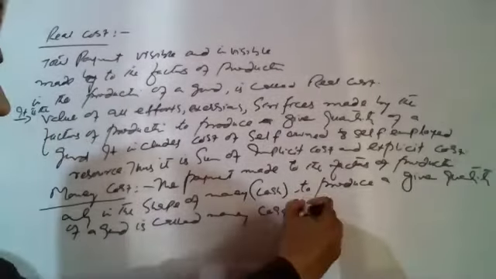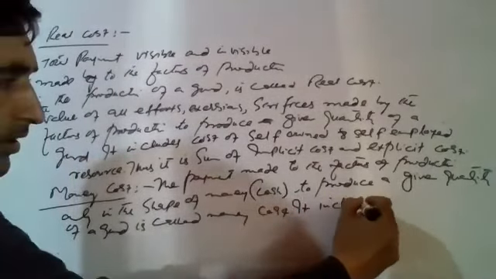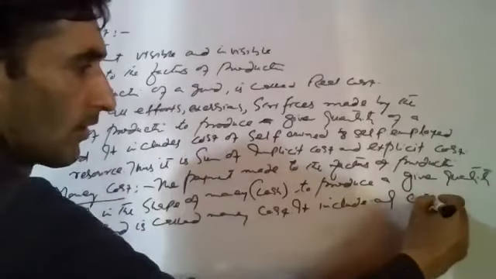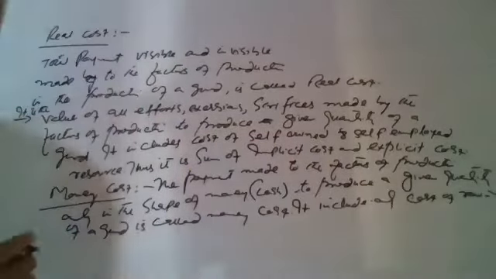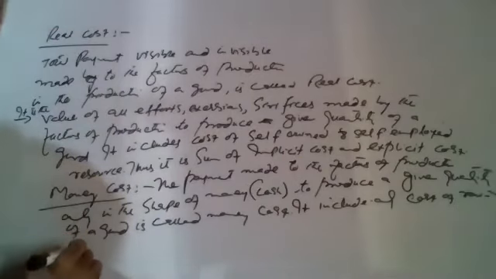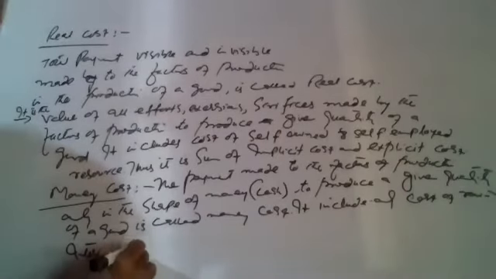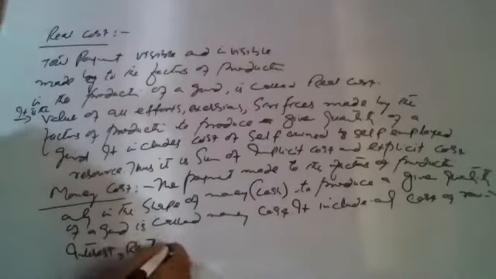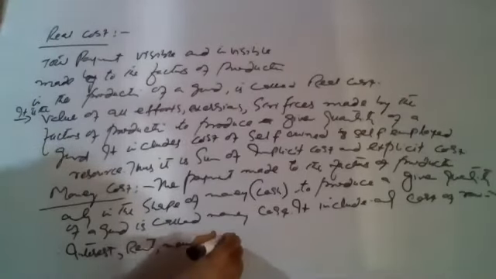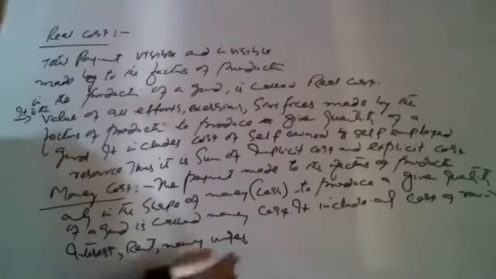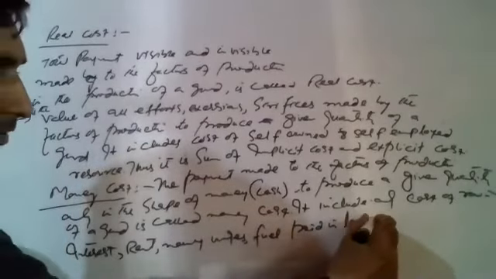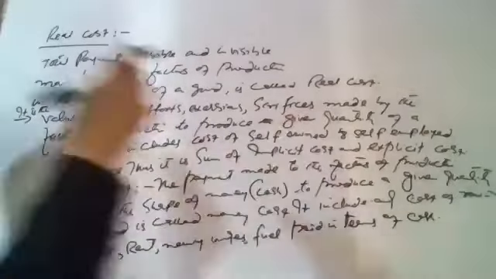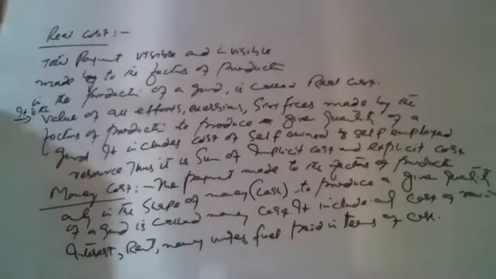So it includes cost of raw material, interest, rent, money wages, cost of fuel, paid in terms of cash.